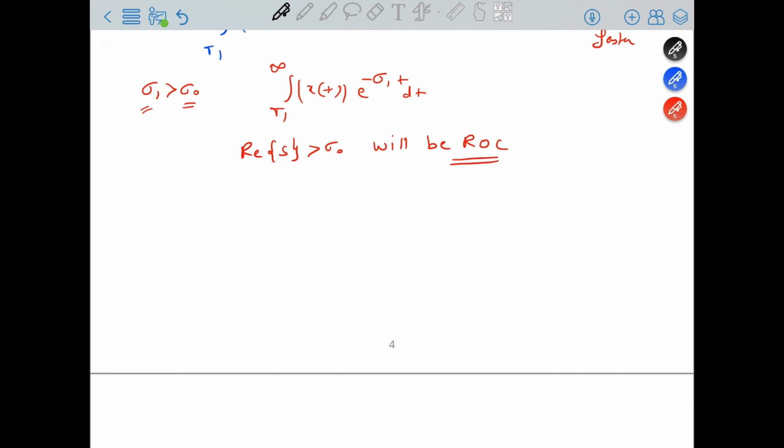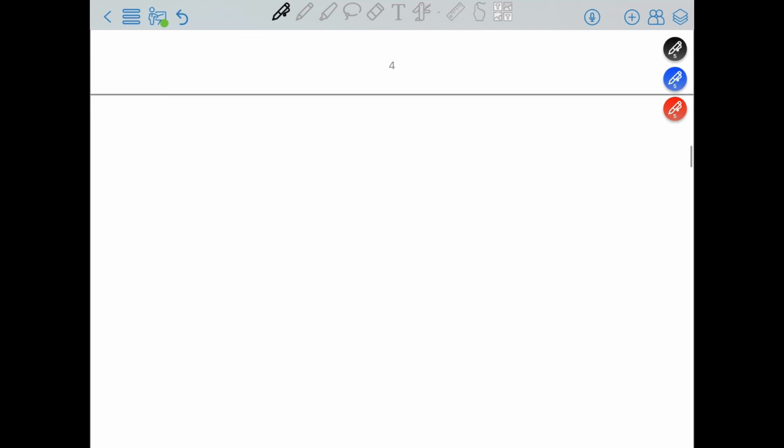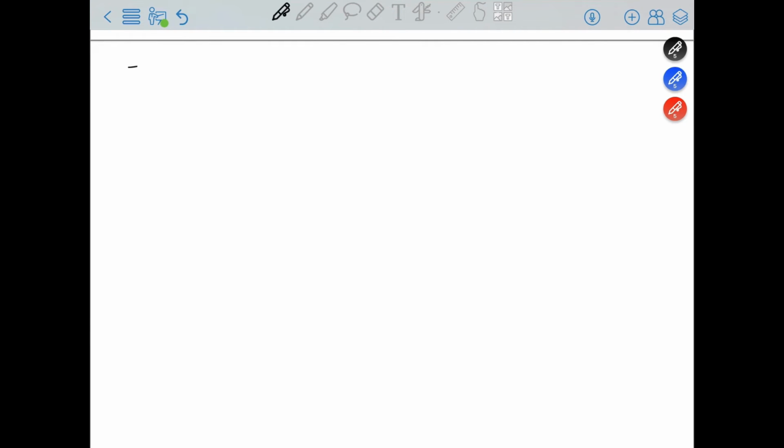Now we'll move on to the next property, and the next two properties are quite analogous to this property. There are only some slight changes. So what is the fifth property?